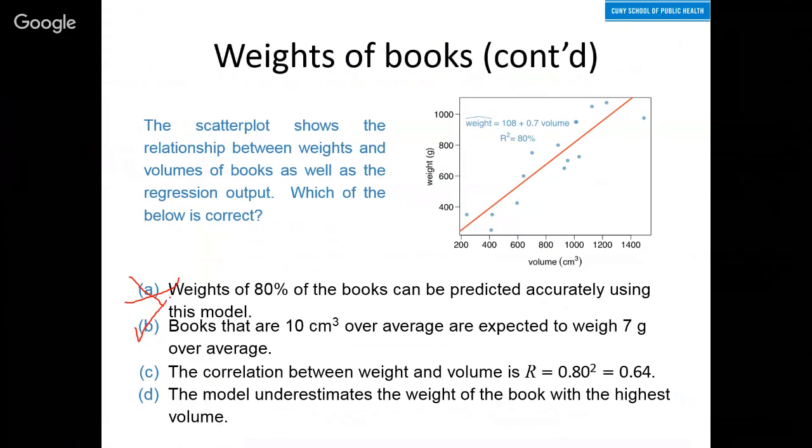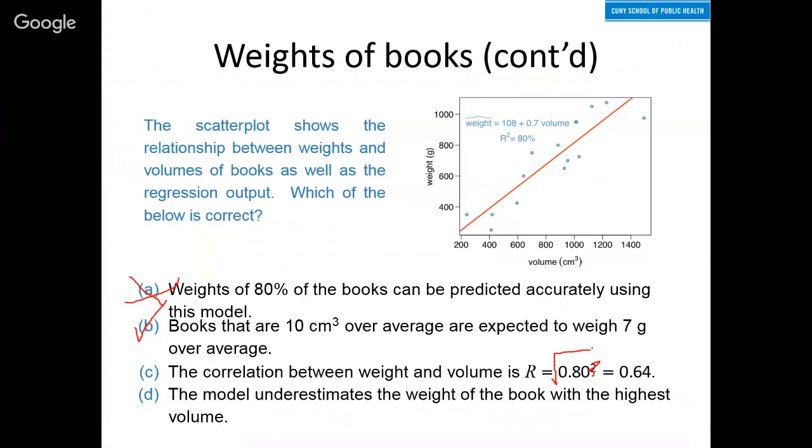The third one: the correlation between weight and volume is r equals 0.80 squared, which is supposedly 0.64. You square it to get the Pearson correlation? No, this is wrong. It should be the square root.